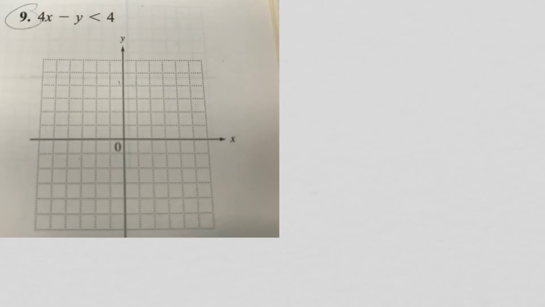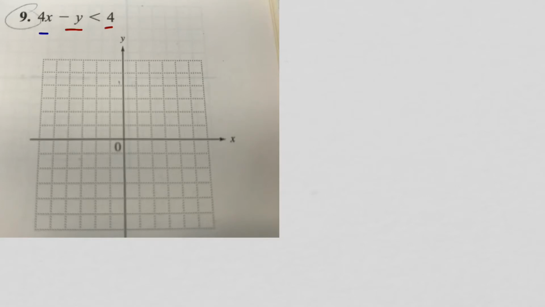Okay, because the 4 and the 1 go into this 4 without a remainder, I'm going to graph this in standard form. Okay, so my y is equal to -4. Excuse me, what am I doing?